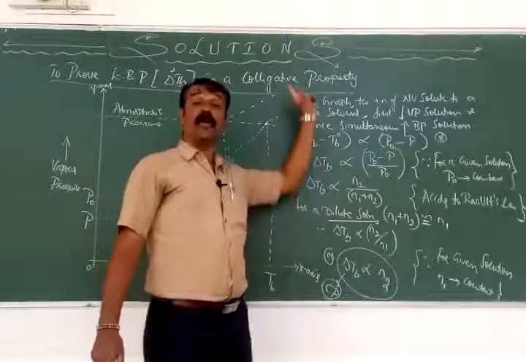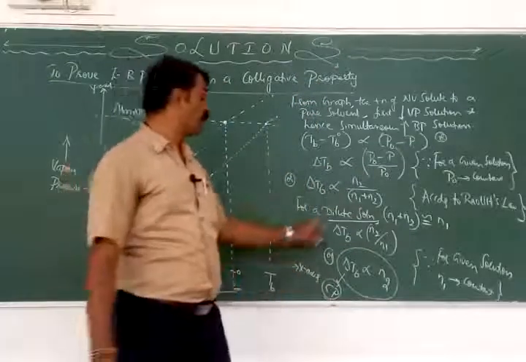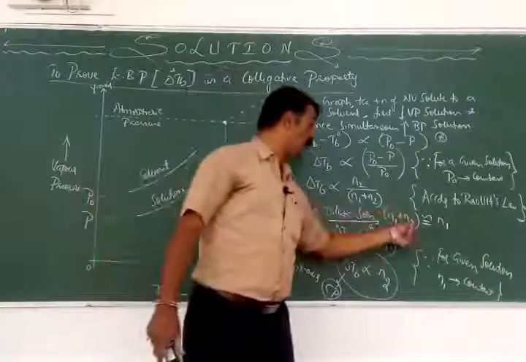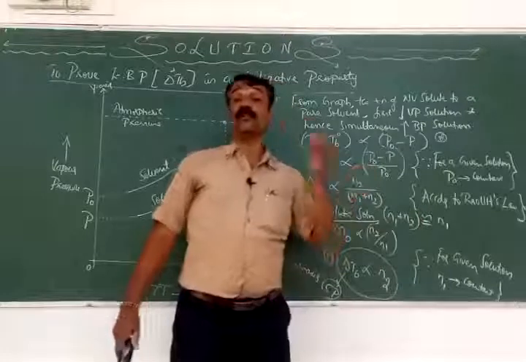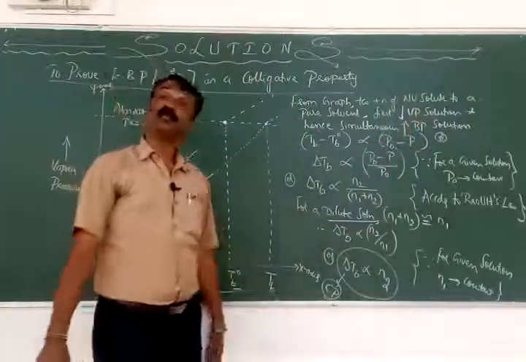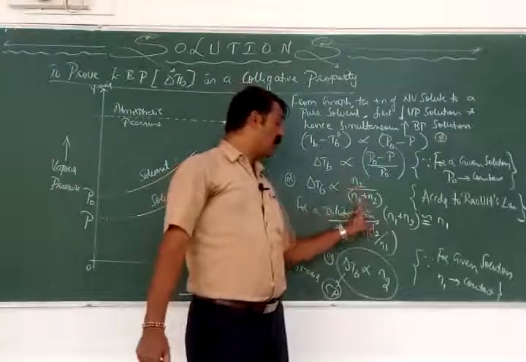And as we are proving a colligative property, it is a dilute solution only. For a dilute solution, the sum N1 plus N2 is nearly equal to N1, because we are neglecting N2. N2, the number of moles of solute, is less compared to the total amount of solvent. Okay. Similarly, delta TB is proportional to N2 divided by N1, instead of N1 plus N2.